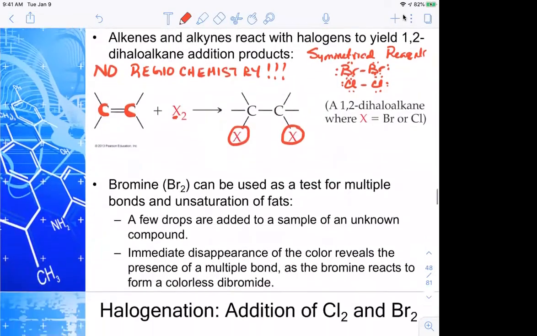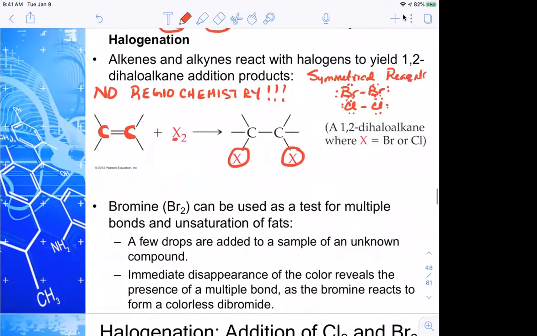Now the interesting thing about this is that this can be used as a qualitative test. This can be a qualitative analysis test for testing for multiple bonds and unsaturation. So this is called a bromine test.